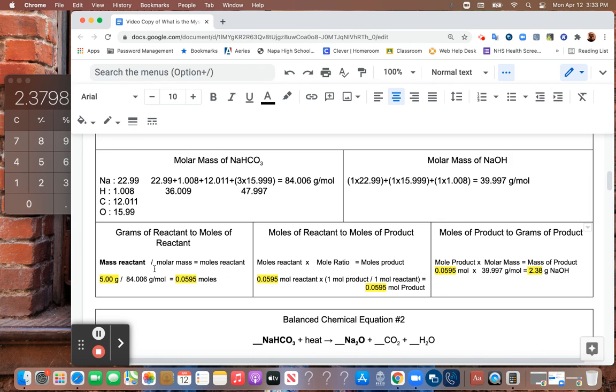So all of your answers are different, but all of your work, times by 40, times by 1 over 1, divide by 84, all of that stuff is going to be the same.